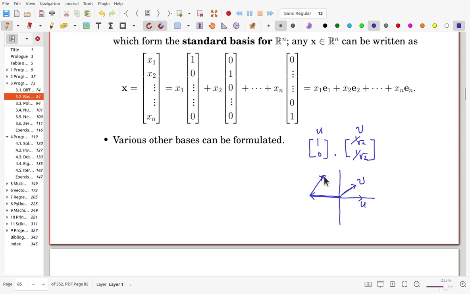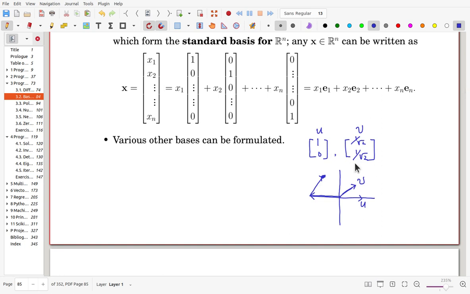That means an arbitrary point can be expressed as a linear combination of u and v. Also, by using one, you cannot make the other, and by using this one, you cannot make that one. So they are linearly independent. So this is a basis for R2.